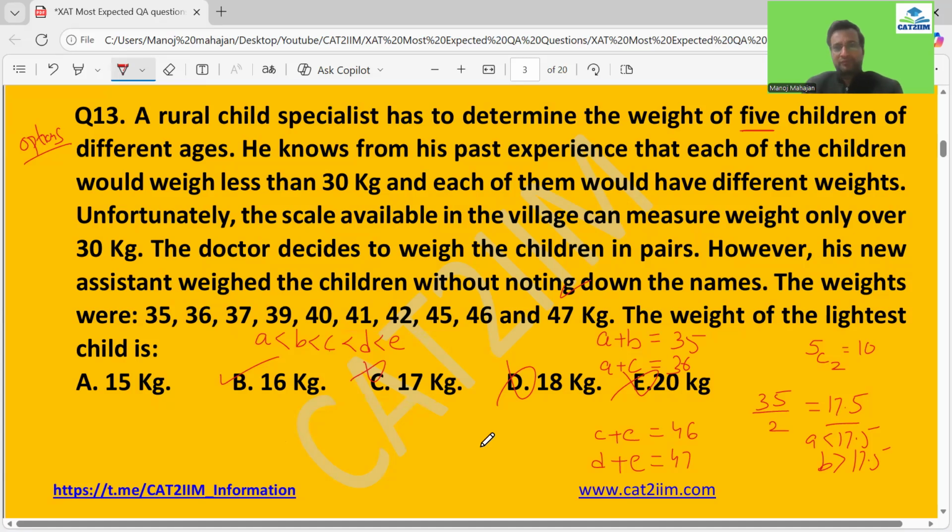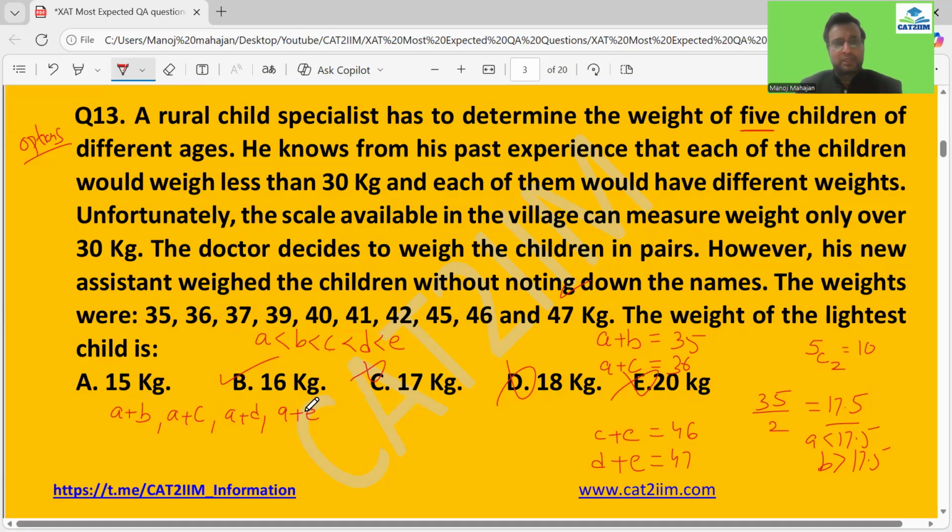So what we could have thought of is, you know what the pairs are, right? Let's say I try to make 10 pairs. So A with B, A with C, A with D, A with E, right? Similarly, whichever weight I pick, let's say A, there would be four pairs.